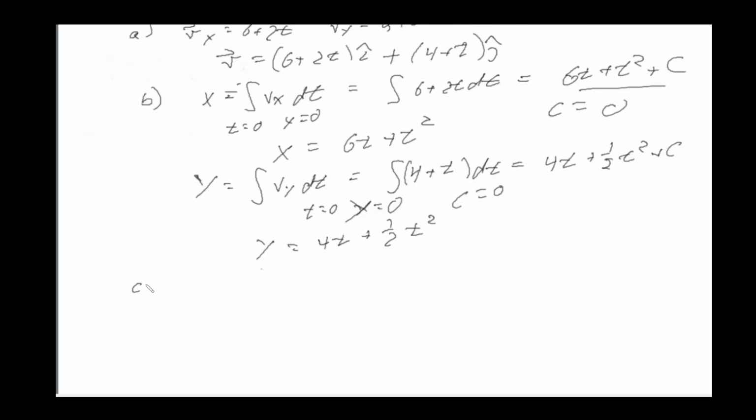In part C, we want to know what the acceleration is in terms of unit vectors. Well, we know acceleration is the derivative of the velocity. So acceleration is equal to dv/dt, which in this case is d/dt of (6 plus 2t)i plus (4 plus t)j.